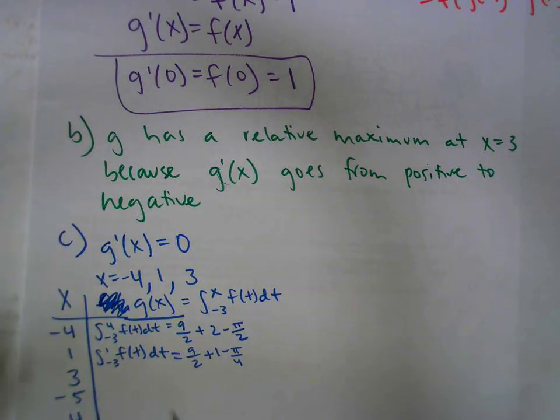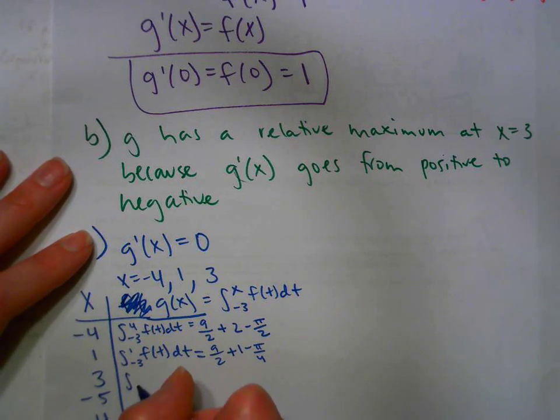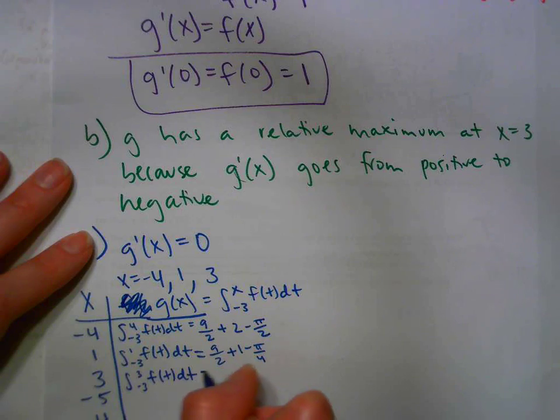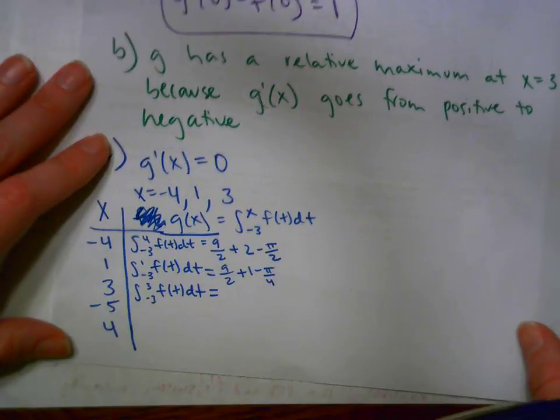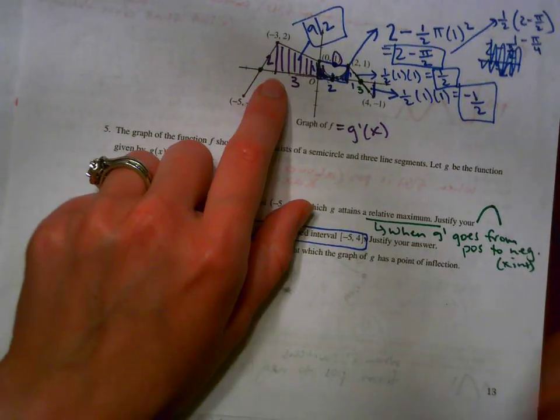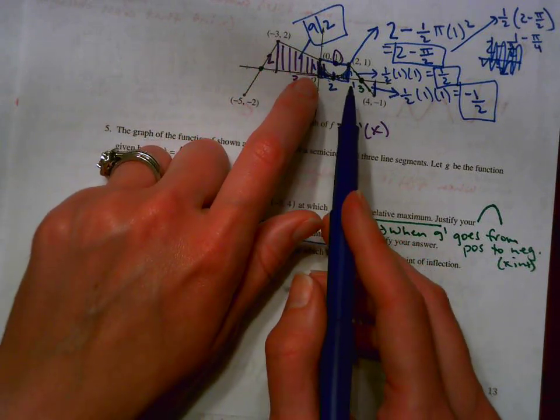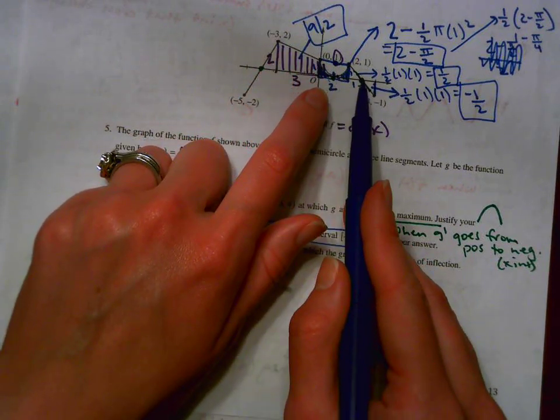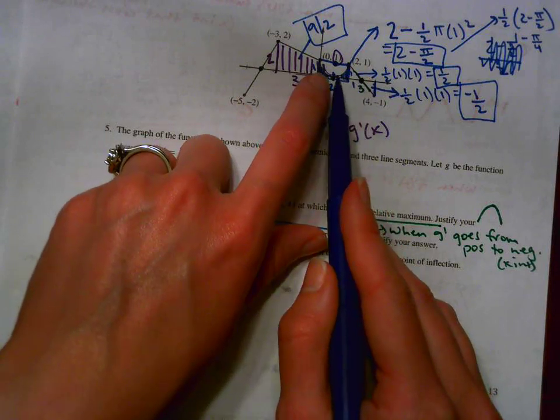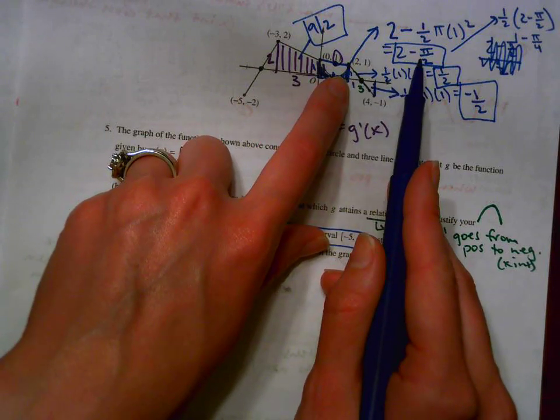Okay, now 3. So the integral from -3 to 3 of f of t dt. -3 to 0 is 9/2. Then we know this area under the semicircle is 2 minus pi over 2.